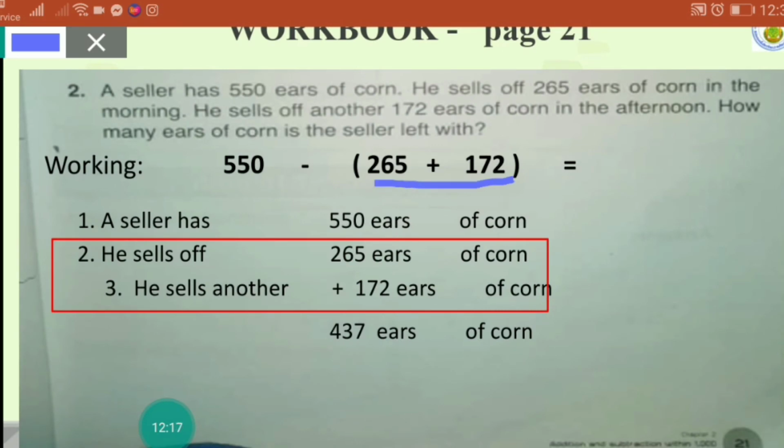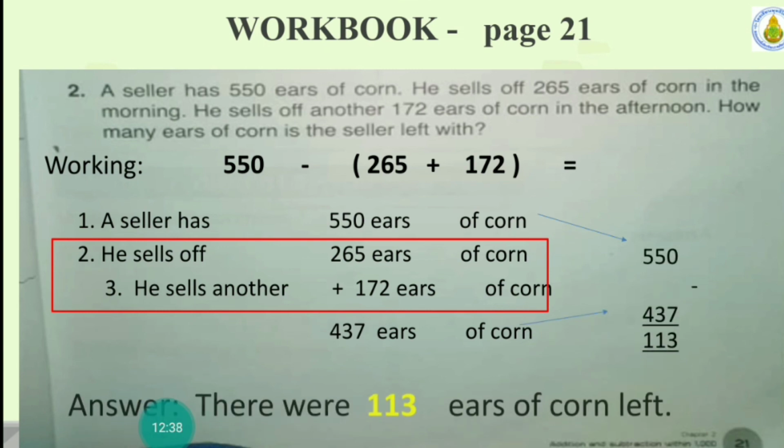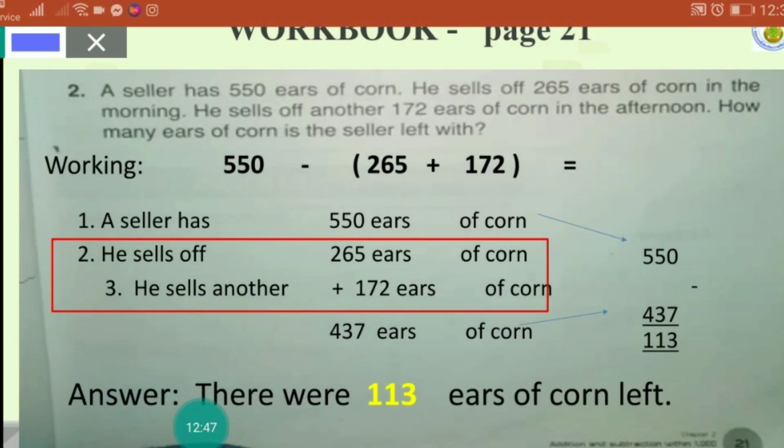Now, if you get the answer already, we're going to minus. So this answer is 437. So, 550 minus 437. So, let's solve. 550 minus 437 is equal to 113. So 0 minus 7 cannot. So we're going to borrow.